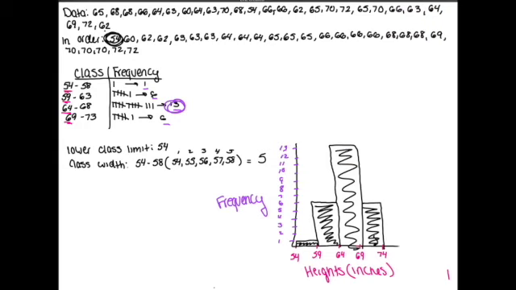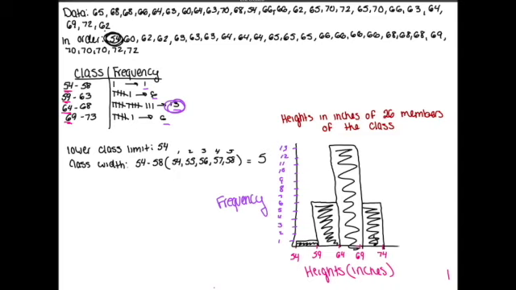And then our title, we can title it heights in inches of, since there are 26 members, obviously 26 members of the class. Okay, so we have our title, we have our y-axis, we have our x-axis, and we have our histogram.